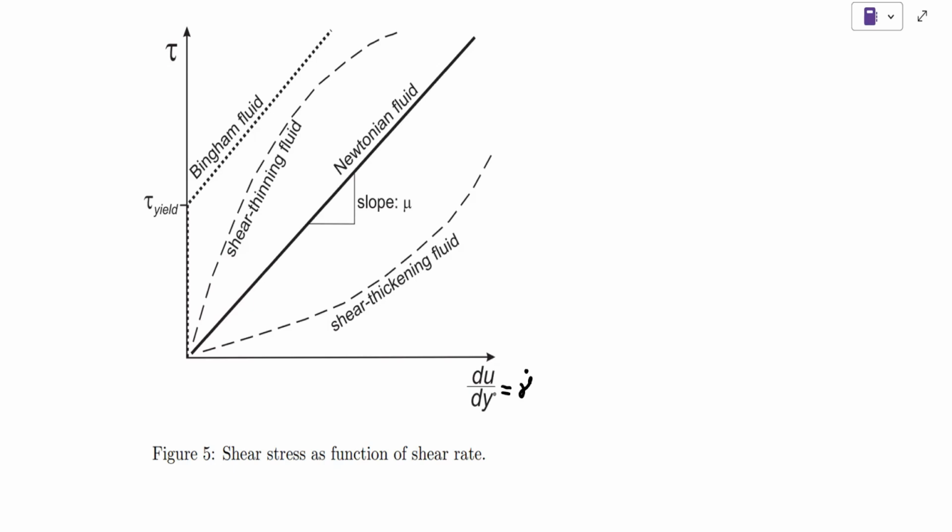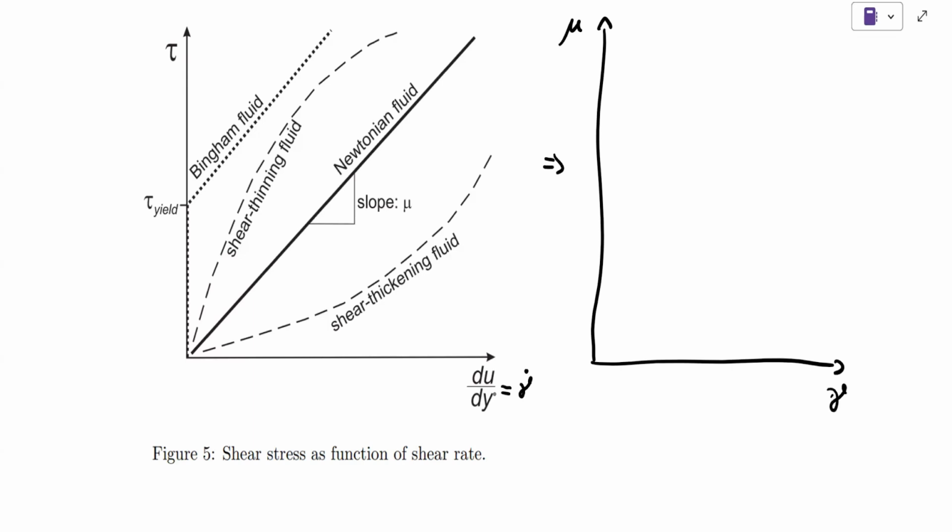And then, of course, it is also the slope. So if we would like to plot the dynamic viscosity against the shear rate, then we would see for the Newtonian fluid that we get a constant viscosity.